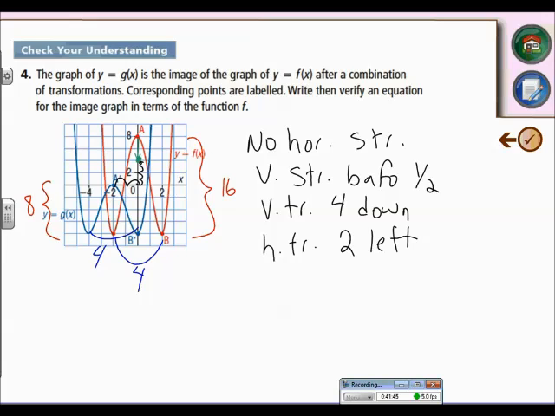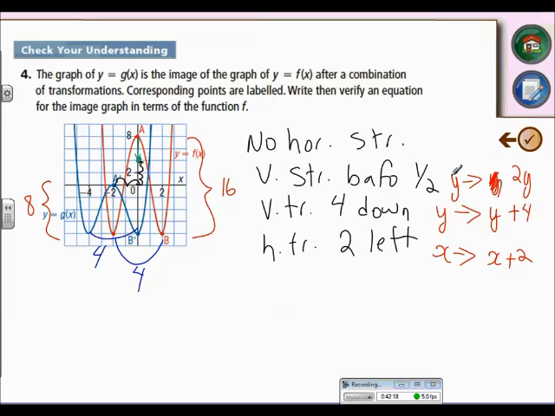You could do it with B as well, and you'll get the exact same results. So for the vertical stretch, y is replaced with 2y. Vertical translation, y is replaced with y plus 4. Horizontal translation, x is replaced with x plus 2. Throw them into your equation, and you've got it done.